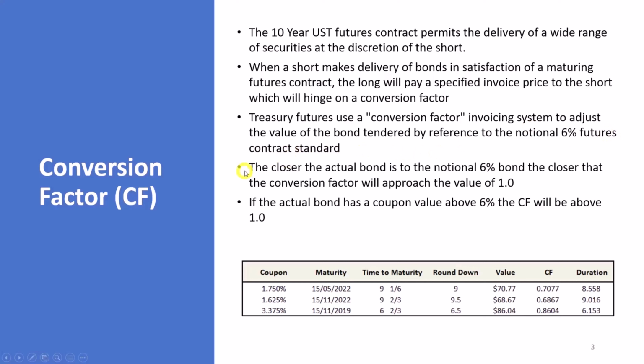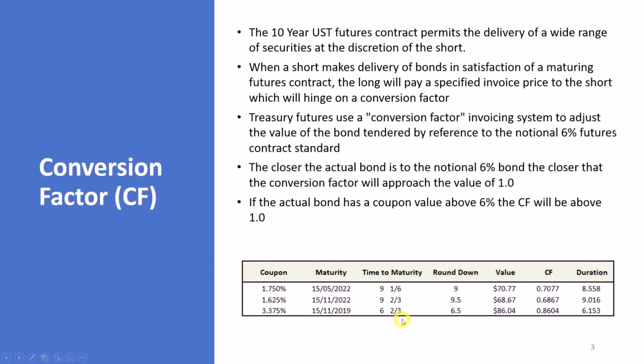So I'll show this in a moment when we look at the Excel file, but the closer that the actual cash bond is to this notional 6% bond, the closer that the conversion factor approaches the value of 1. And if the actual bond has a coupon value above, say, 6%, which is in today's markets quite rare to see, the conversion factor then would have a value above 1, and obviously below 6% it would have a value less than 1.